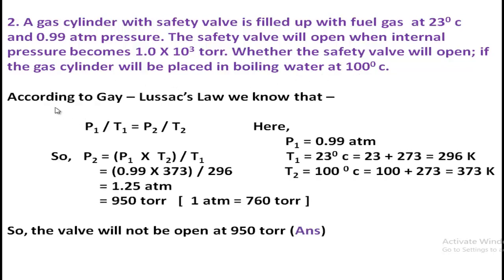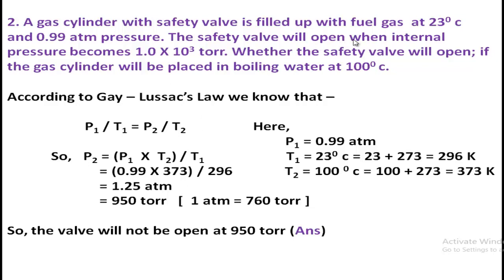So you have to determine P2 here. Follow the solution. P1, T1: you have to convert into Kelvin. Always here you have to convert temperature into the Kelvin scale, and T2 also. So putting these values you will get P2 pressure 1.25 atmospheric pressure. But here is a clue.